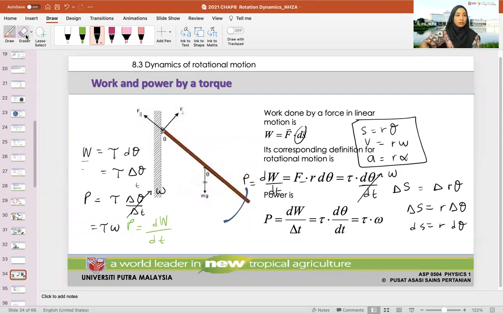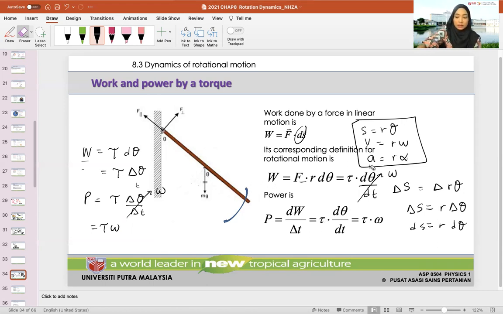My suggestion is to memorize the work equation, which is torque times change in theta. You know that power is equal to the rate of change in work, so you just add in dt down here, and you know that delta theta over delta t is just omega, so it works out. If you want to memorize it that way, just find out what works for you, okay?